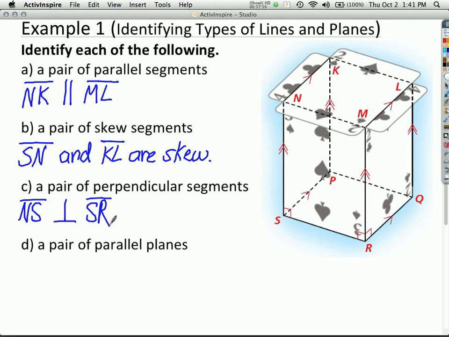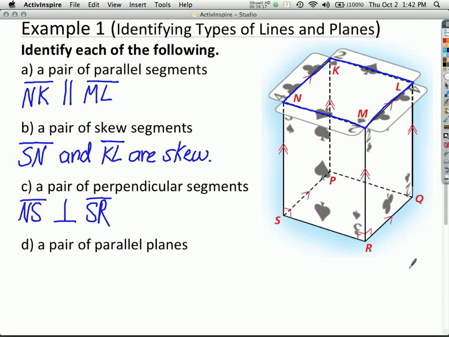Sharik, go ahead. You name a plane by saying three non-collinear points that are on that plane. Okay, good. So can you name one for us? On this plane, KLM. Okay, so KLM is right here. KLM is that plane right there.